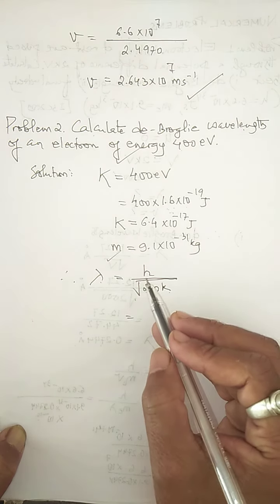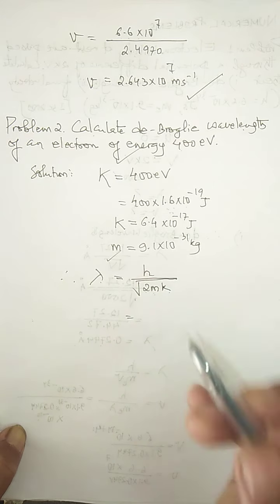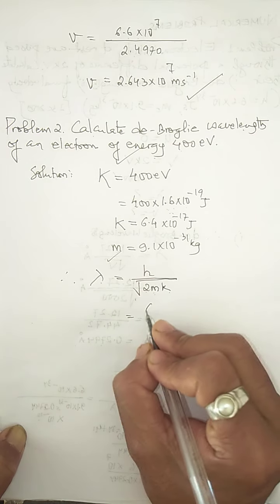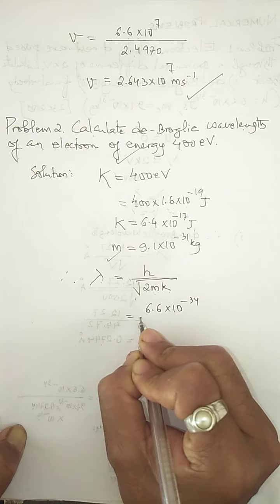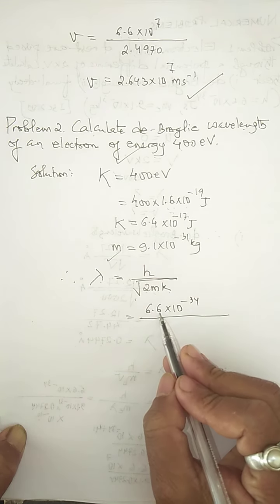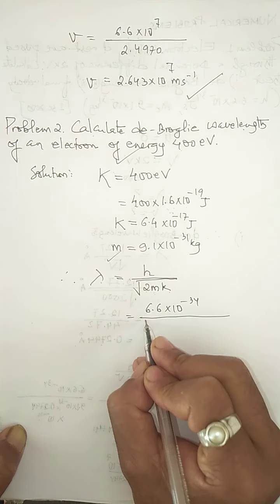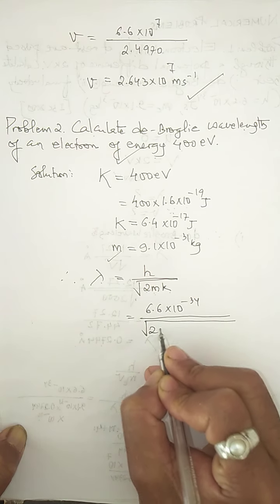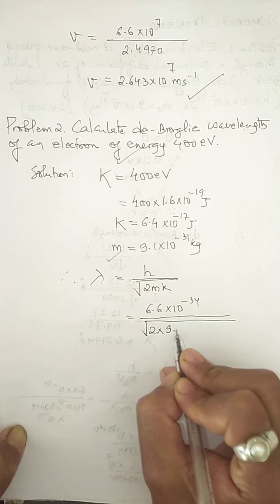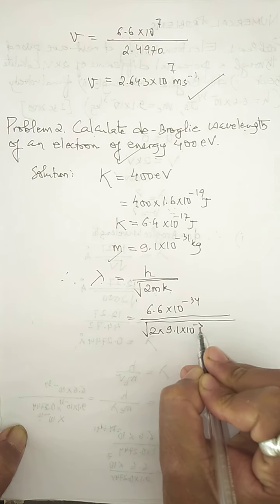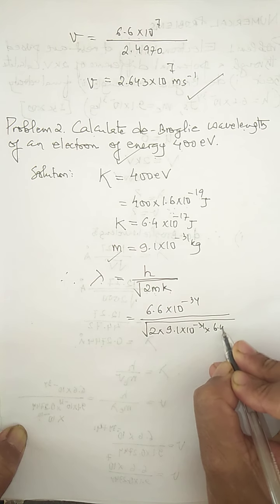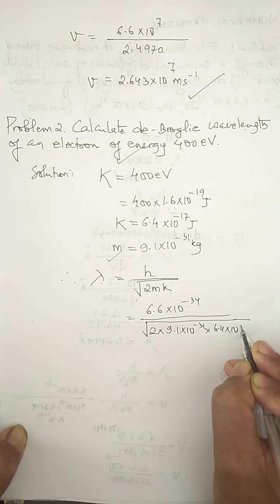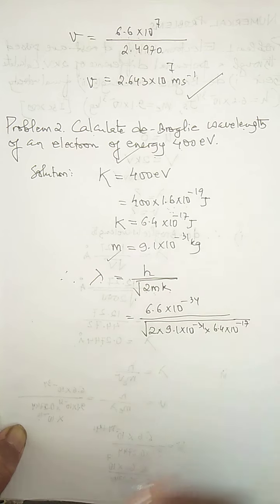Now in this problem, h, the Planck's constant, we take approximately 6.6 into 10 to the power minus 34. The value of Planck's constant we take as 6.6 into 10 to the power minus 34. Square root of 2 times the mass of the electron, 9.1 into 10 to the power minus 31, times the kinetic energy, which is 6.4 into 10 to the power minus 17.